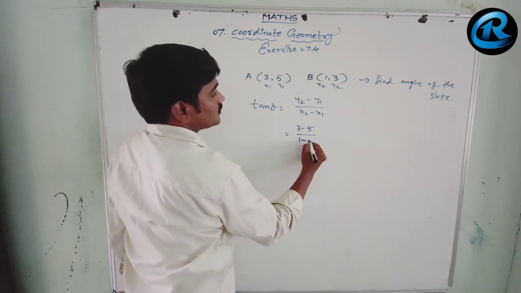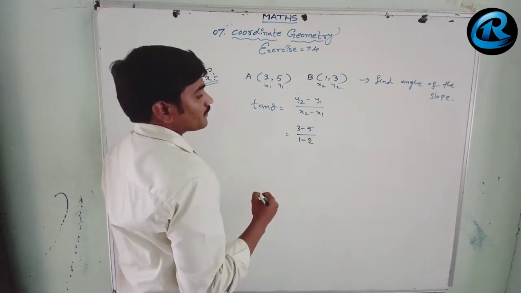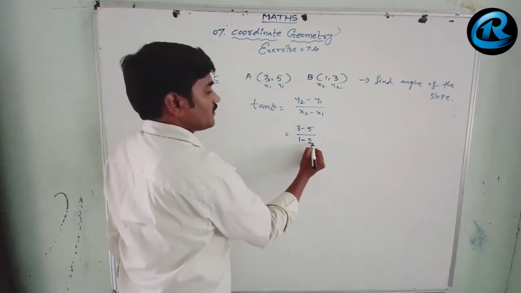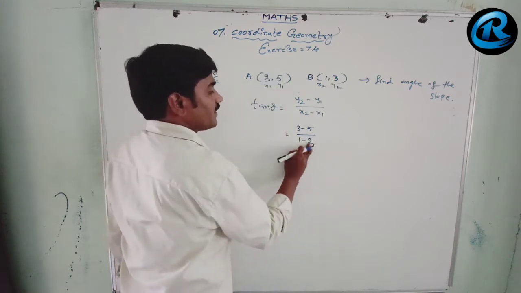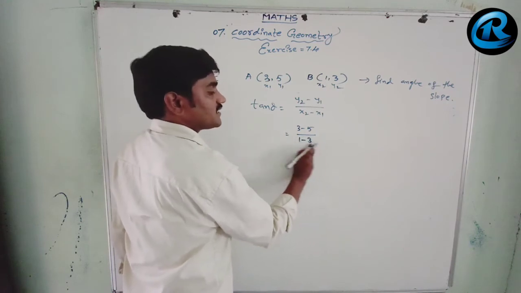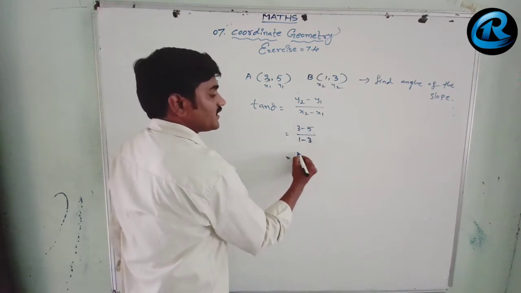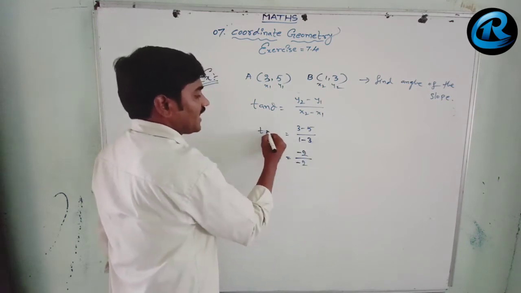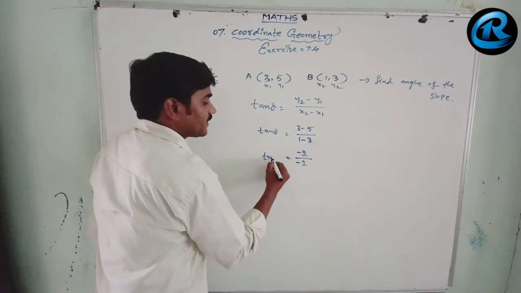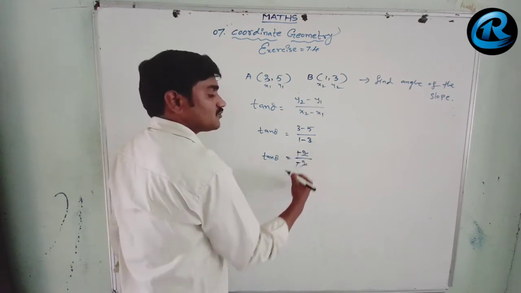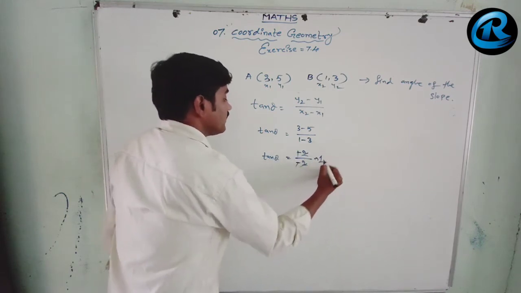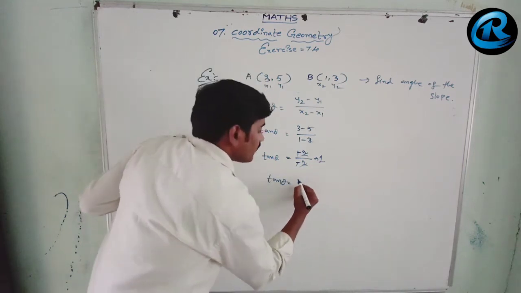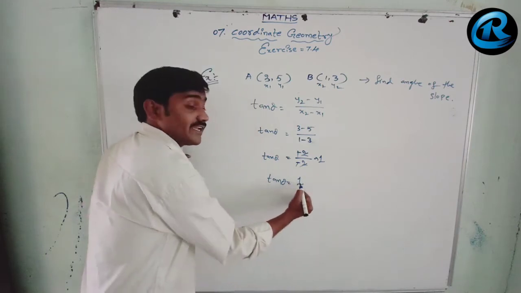So 3 minus 5 is minus 2, and 1 minus 2 is minus 1. So tan theta equals minus 2 by minus 1. The minus signs get cancelled, and you will get 2. Wait, tan theta equals 1.